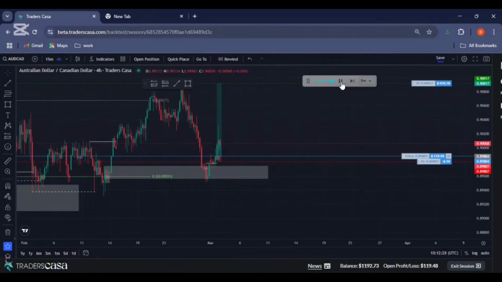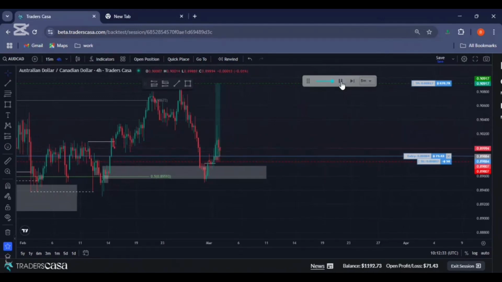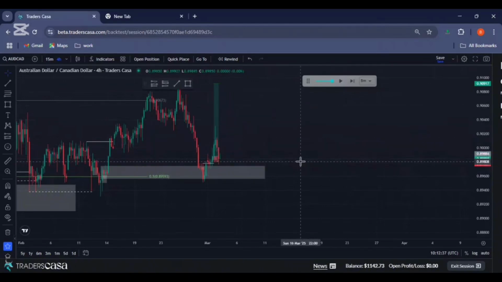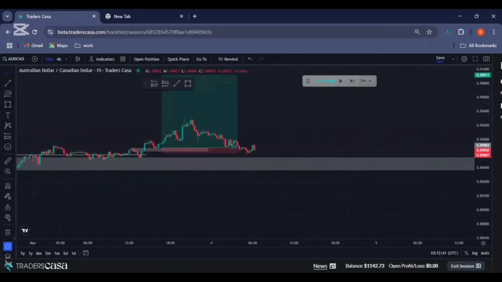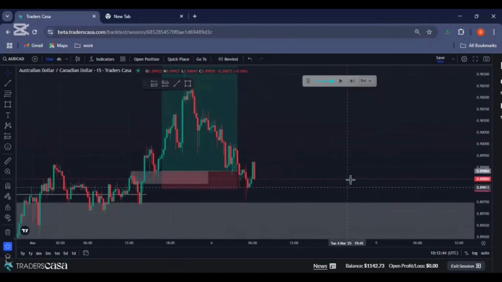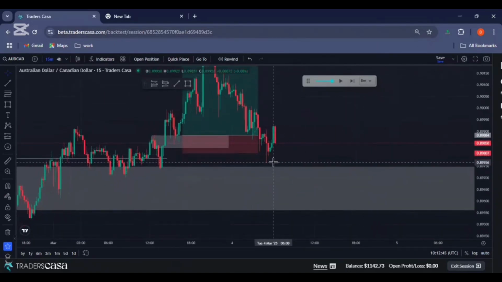Okay, that's a nice displacement. Oh, oh, that's very bad. That's not nice.